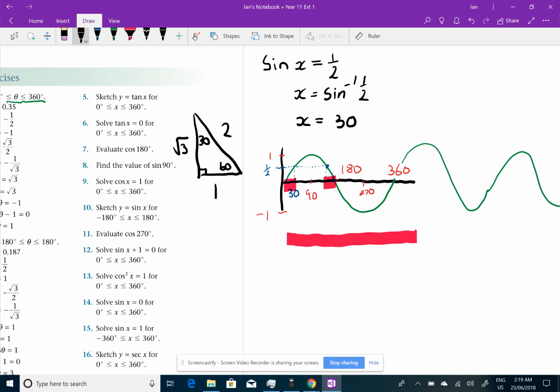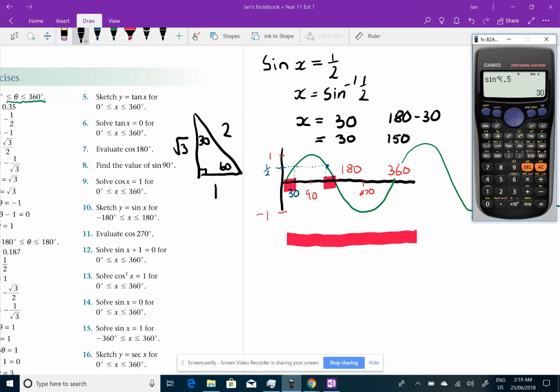I'm going to write that: 180 minus 30. So I get my 2 answers, 30 and 150, and they're all the answers between 0 and 360. I quickly double check. If I go sine 150, I should get a half. And I do. And if I go sine 30, I should get a half.